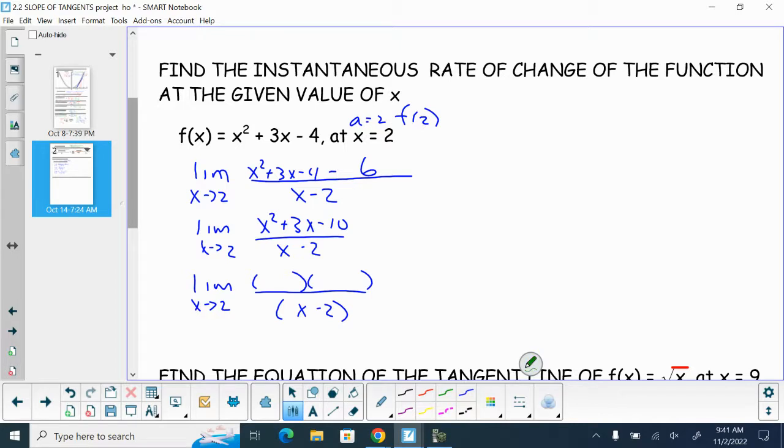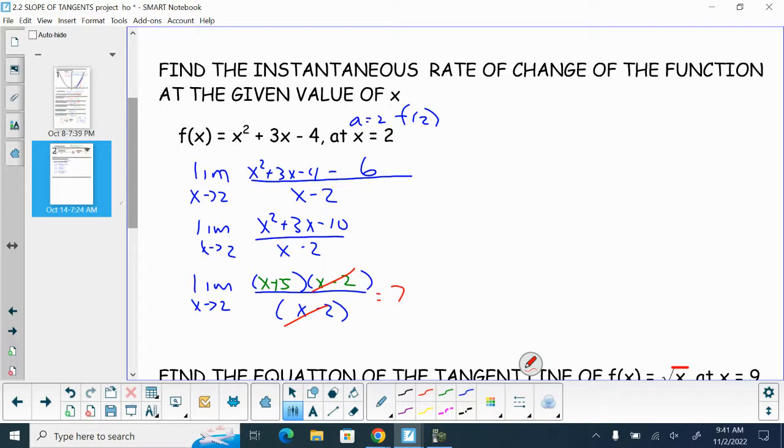Factors what, Grayson? x plus 5 and x minus 2. Factor, cancel, and then we can sub. We have a value of 7.